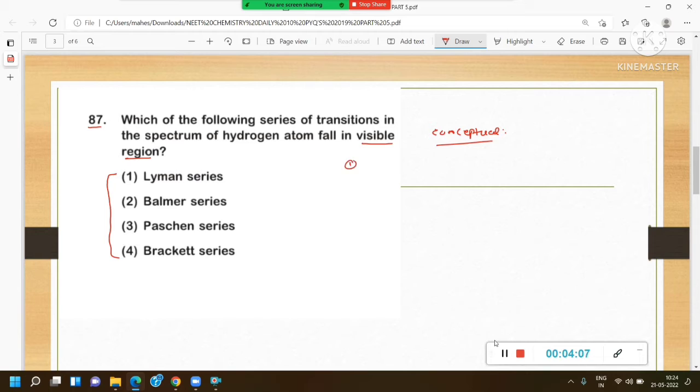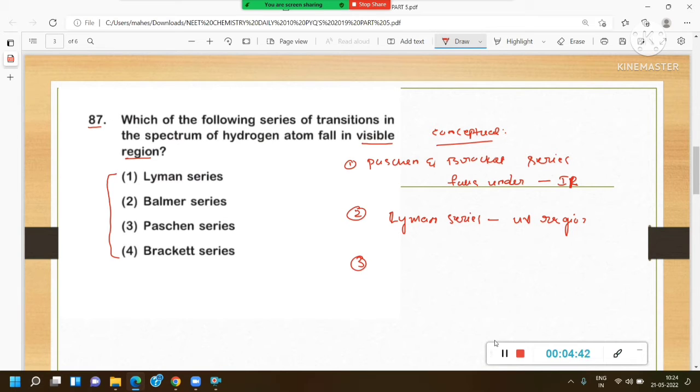We know that Paschen and Brackett series fall under IR, infrared, whereas Lyman series falls under UV region, ultraviolet region.